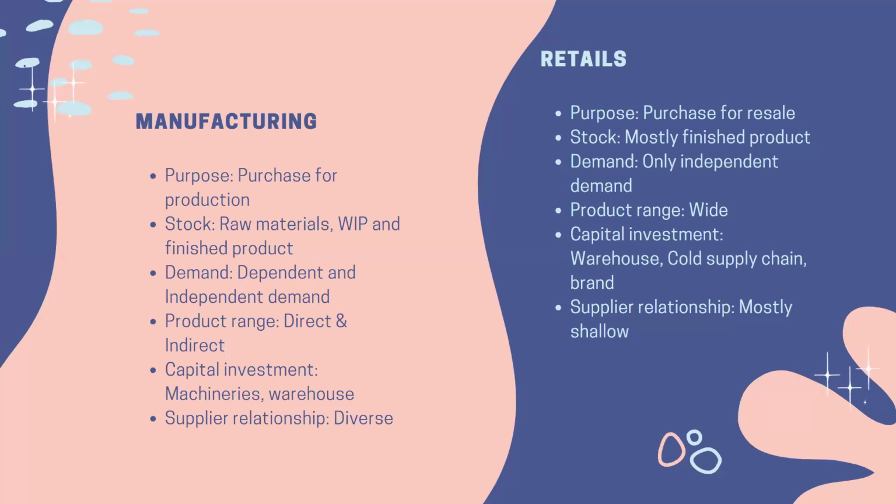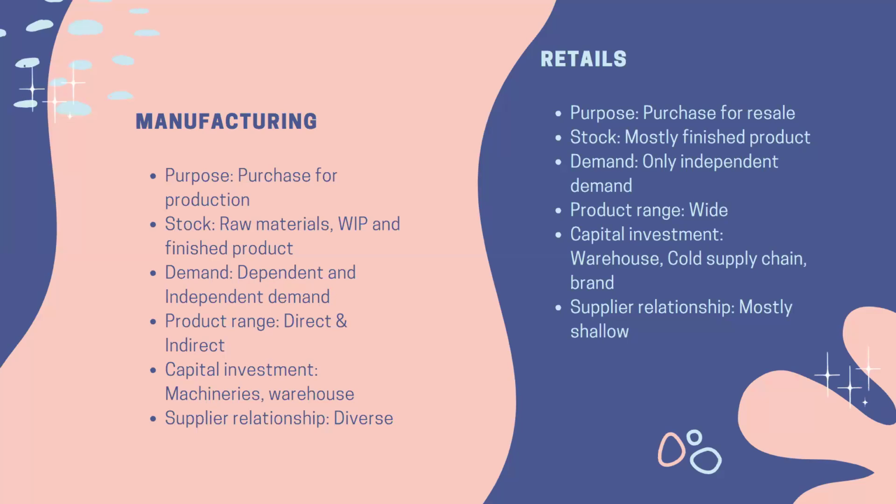The capital investment in retail would be very different. You need to invest in the warehouse, in the cold chain, in the brand. In manufacturing, you need to invest in machinery, facilities, and technology. But with retail, the biggest assets will be the warehouse and the refrigerator.